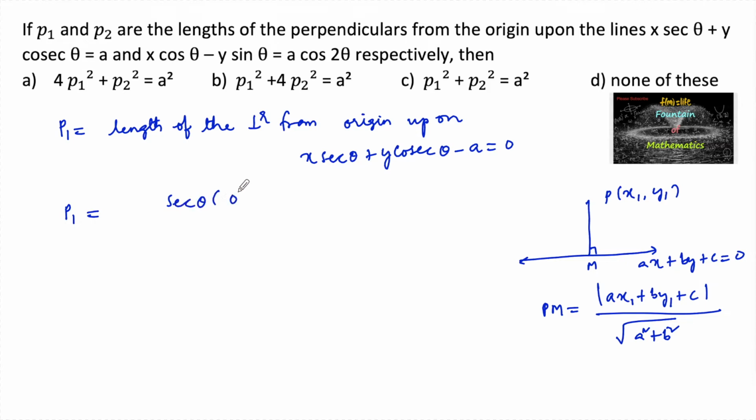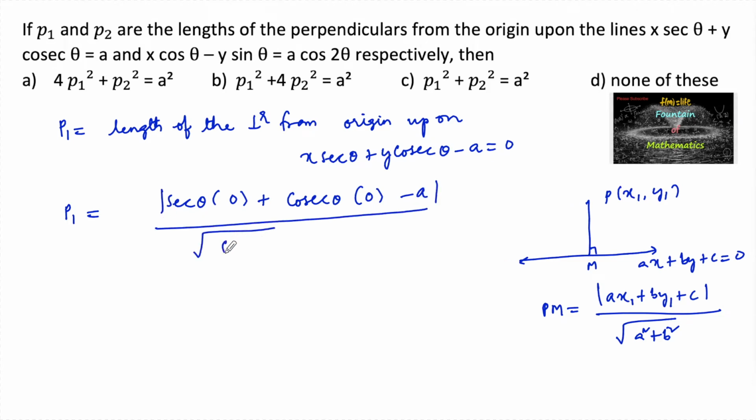secant theta into 0 plus cosecant theta into 0 minus a upon root over secant square theta plus cosecant square theta, which is given by P1.